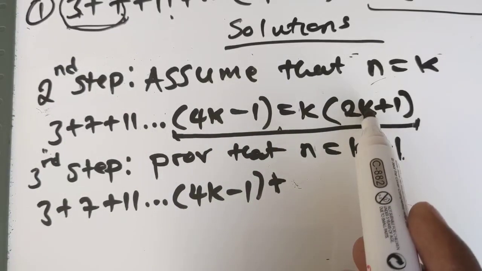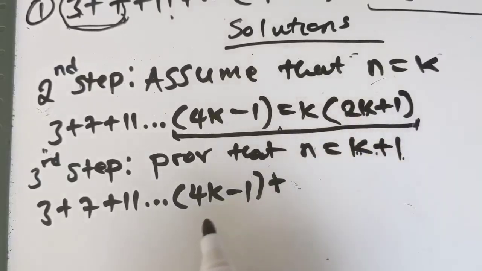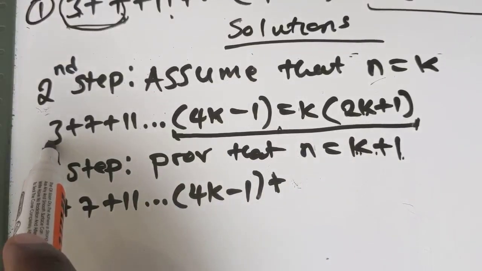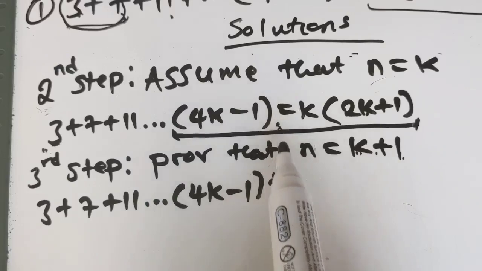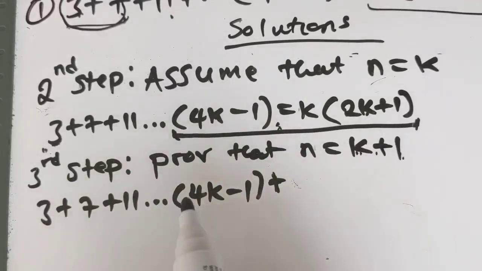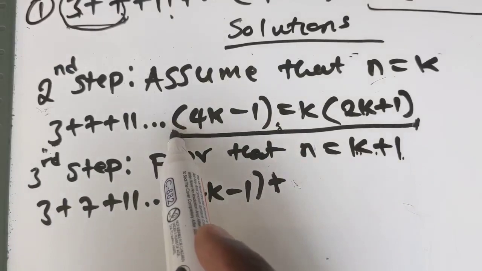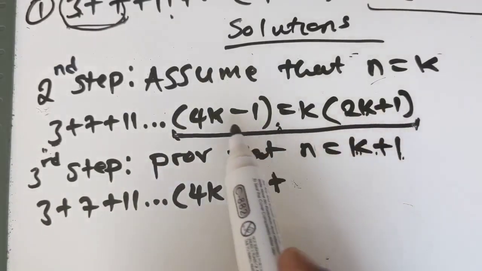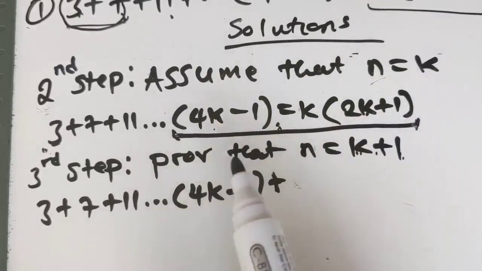Even here, you need to put k plus 1. Let me repeat this point again. If you miss this point, then you won't find the correct answer. So the first thing is to copy it from here to where there is an equal sign. This is what we have done. Then the second thing to do is to copy from here to here. But where there is a k, you put k plus 1.